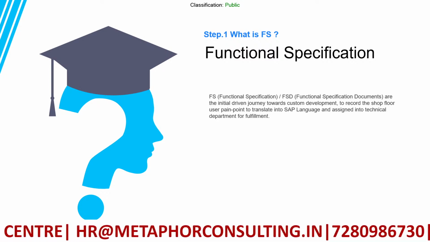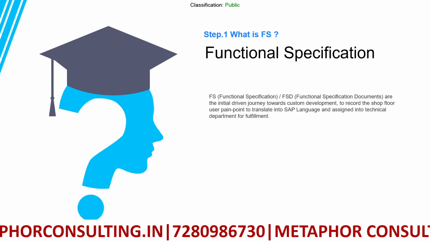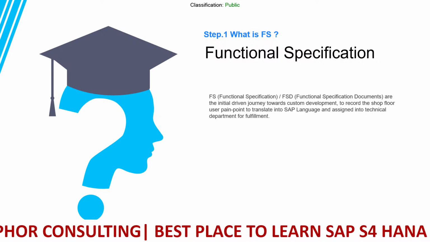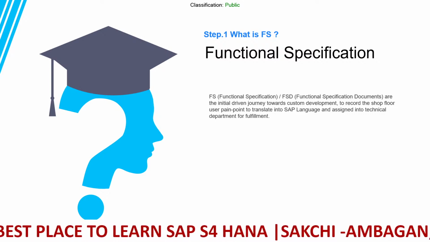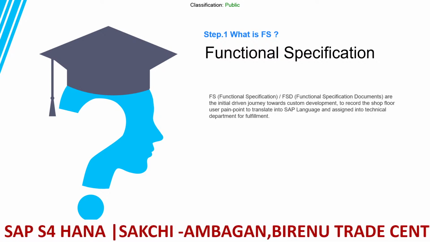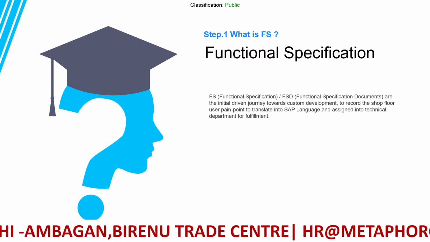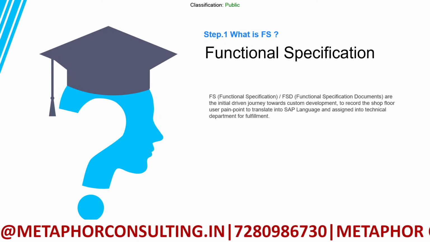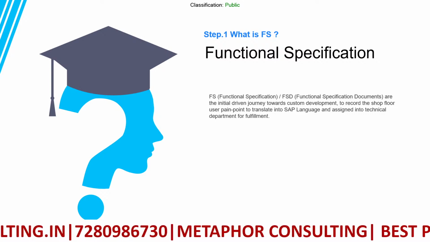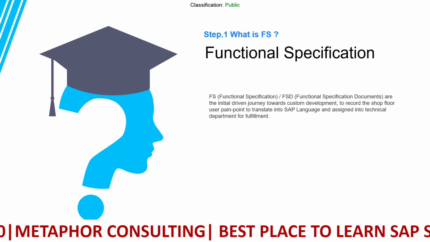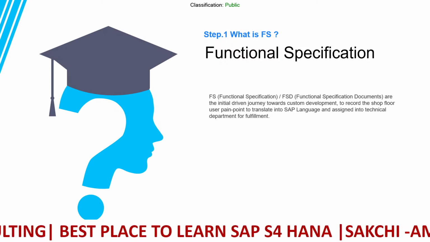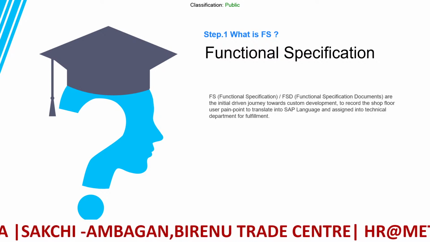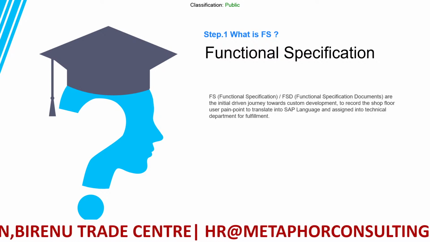For that, this functional specification is essential, and it is the preliminary document we move into SAP, and going forward all the activities will be performed and finally the deliverable is produced. In IT, functional specification means the document is essential where you capture all the information. So this is all related to functional specifications.